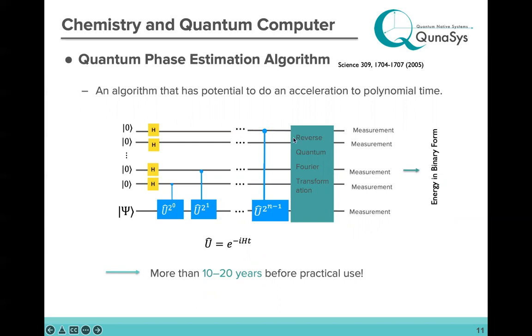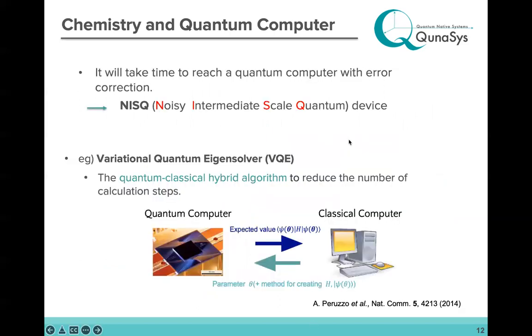So this is a quantum circuit of this algorithm. However, it will take 10 or 20 years to achieve a quantum computer of this scale with error correction. So it will take time to reach a quantum computer with error correction.